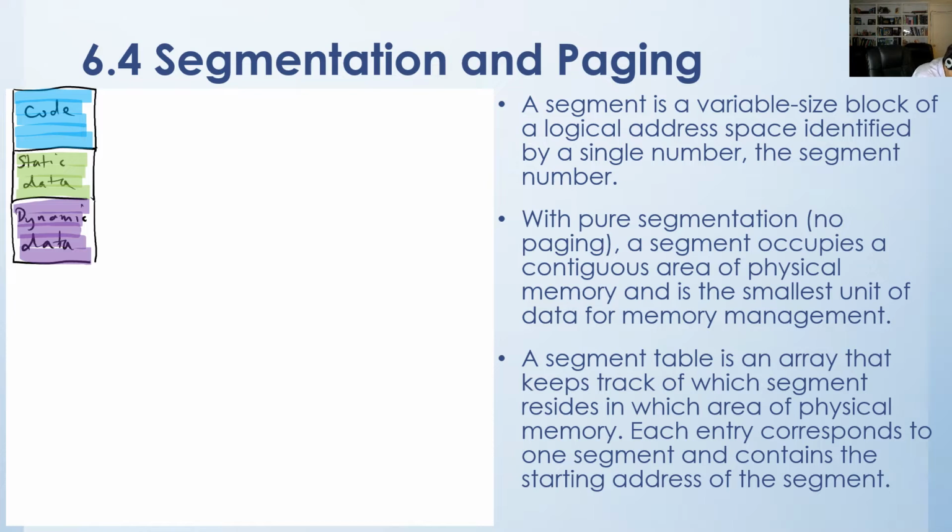Using paging, I need to divide the program into pages. So let's say here's the first page, here's the second page, third page, fourth page, and then I use another page which contains the leftover code.